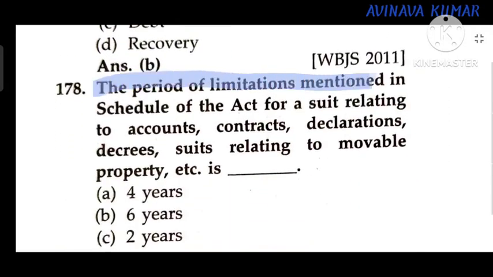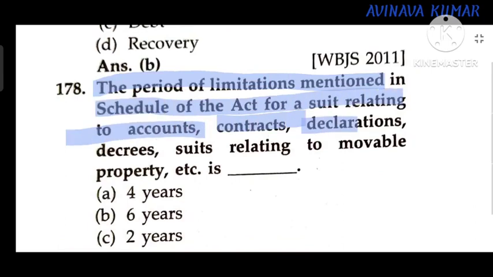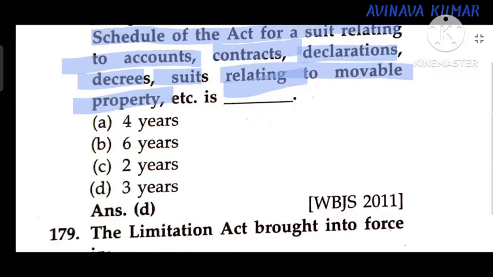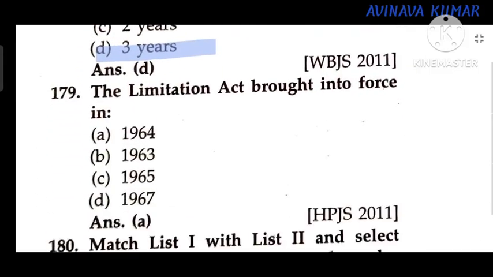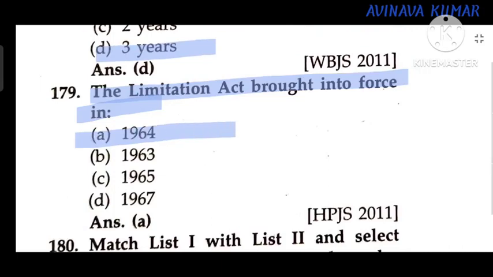The period of limitation mentioned in the Schedule of the Act for suits relating to account, contract, declaration, decree, suits relating to movable property, etc., is 3 years. Limitation Act was brought into force in 1964.